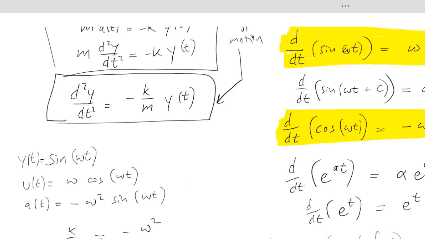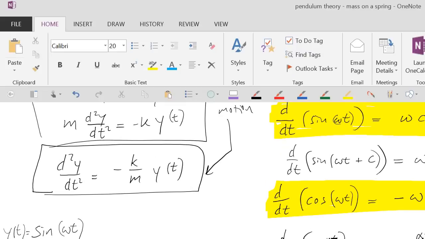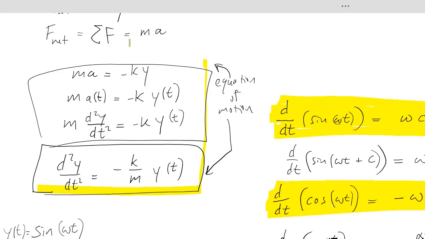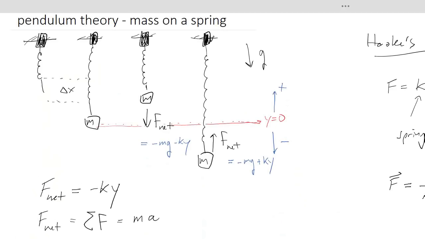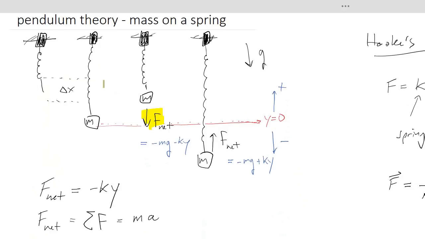And again, recap: the equation of motion places constraints on this. And then I find the equation of motion from considering what is the F net on the mass. So that's the free body diagram for the mass on a spring. The F net is really just the minus ky from Hooke's law.